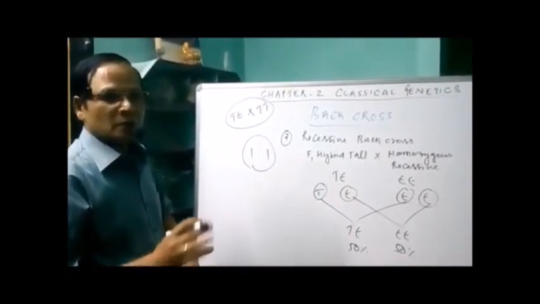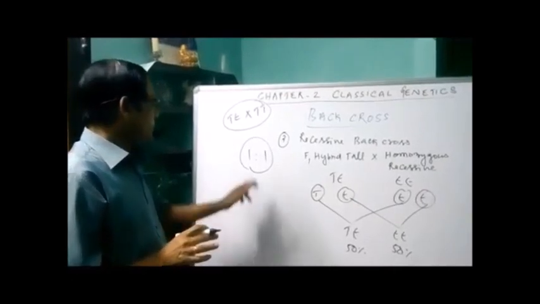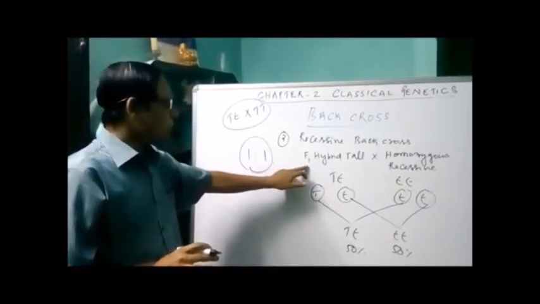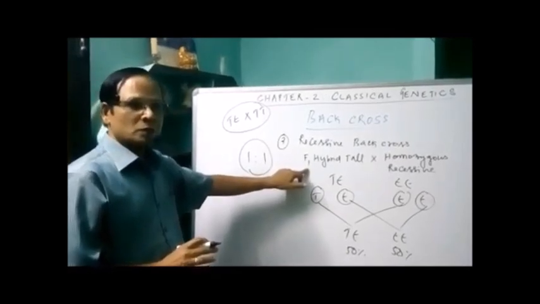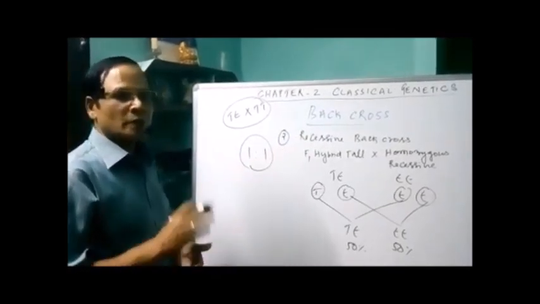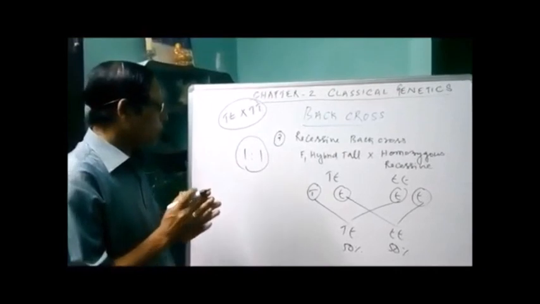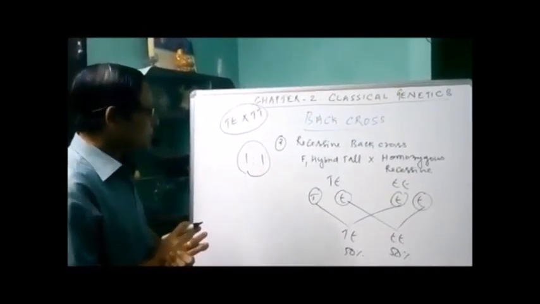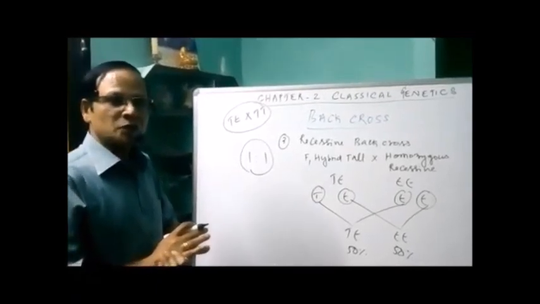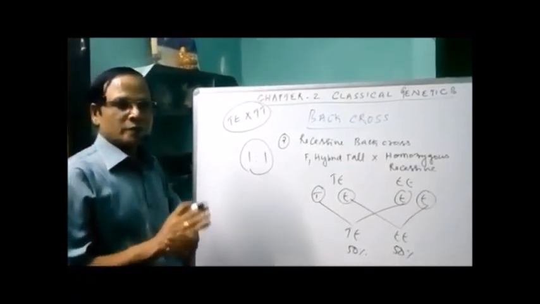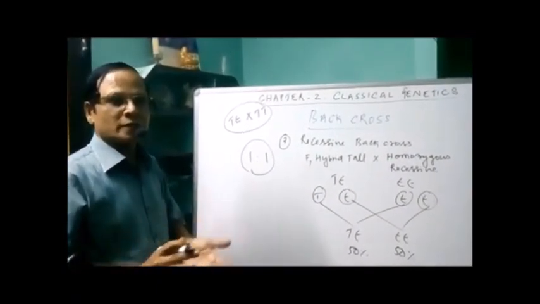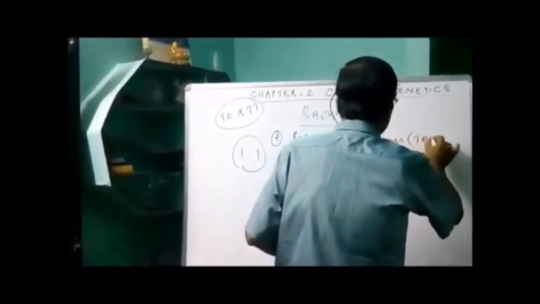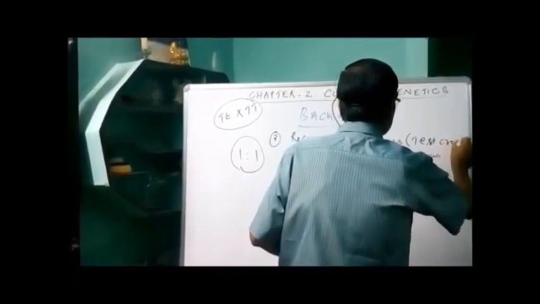If in a hybrid cross the ratio obtained is 1:1, then definitely we can say the dominant parent involved in that cross is heterozygous. As this cross is used to find out the nature of the dominant parent, whether it is homozygous or heterozygous, it is also called test cross.